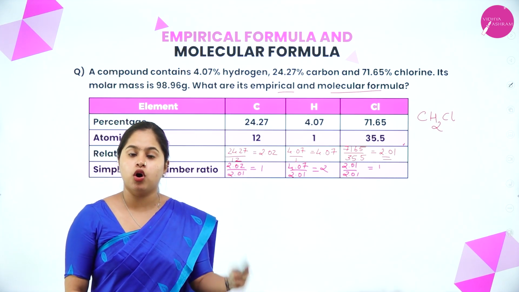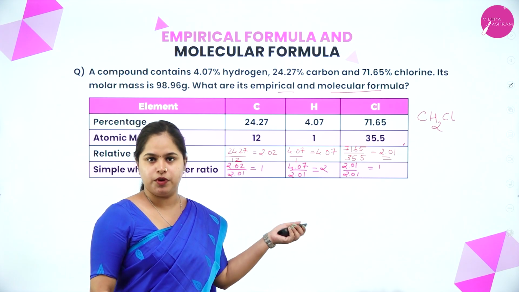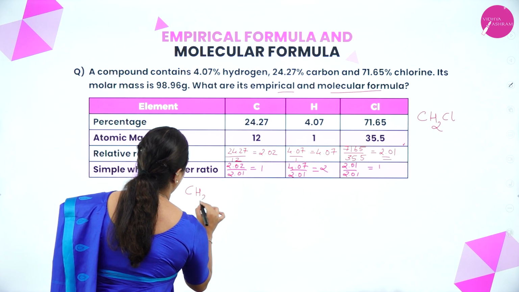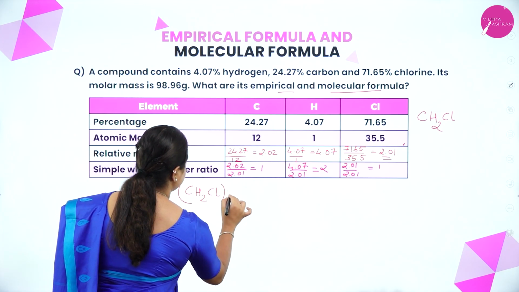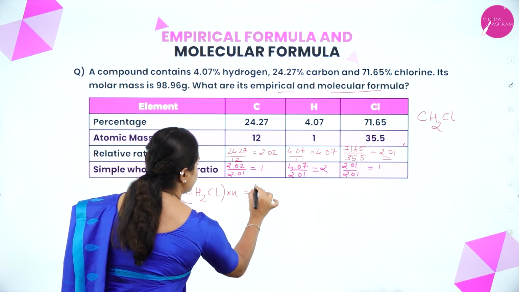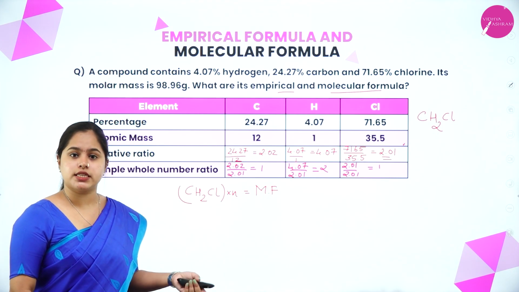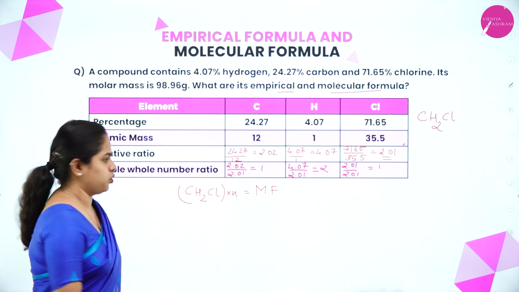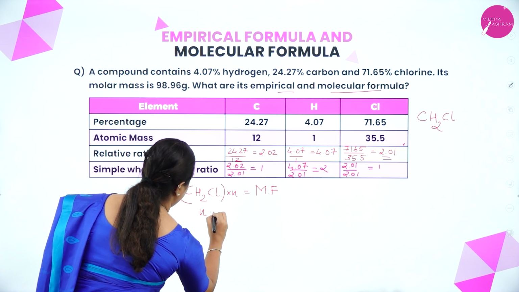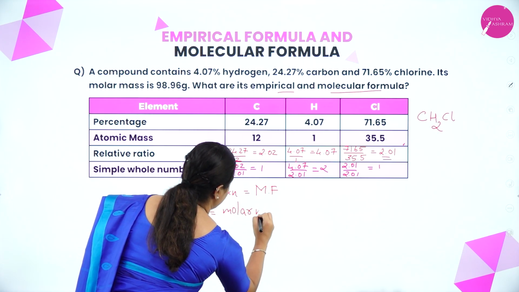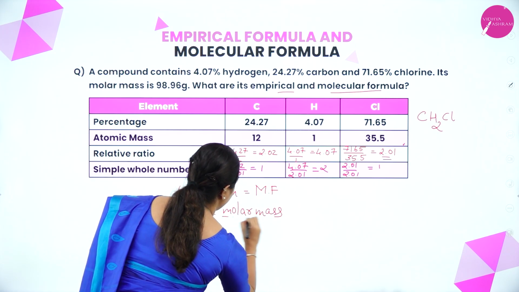Now what is left to find in this question? You have to find the molecular formula. So just before we discussed how can you find the molecular formula? The empirical formula multiplied by some number will give you your molecular formula. Right? So in the question, what else is given? The molar mass is also given. So how can you calculate N? Molar mass is the mass of 1 mole of substance.